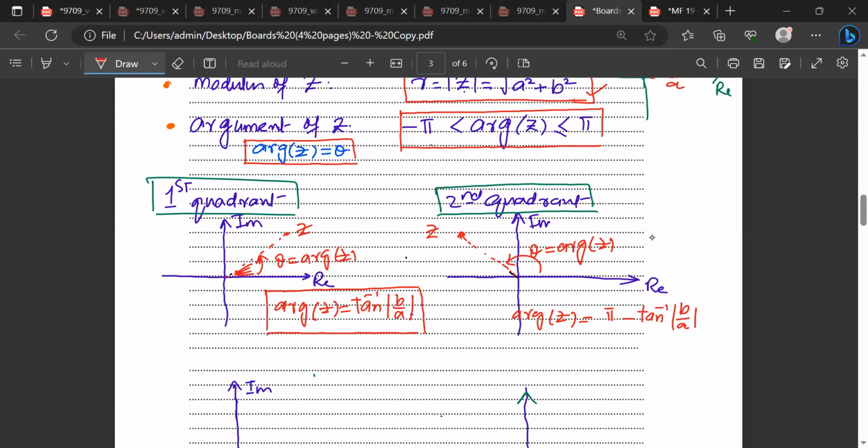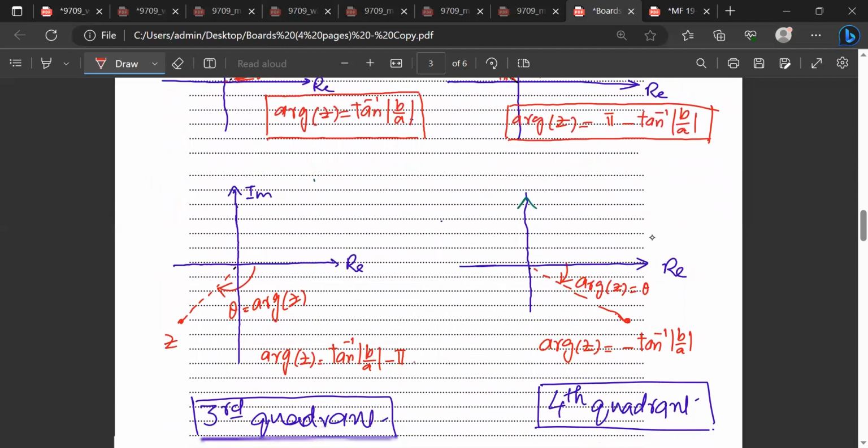If it is in the second quadrant, the formula for the argument is pi minus tan inverse of b over a. Tan inverse of b over a basically is this angle.